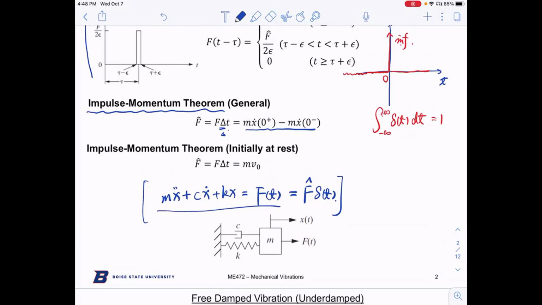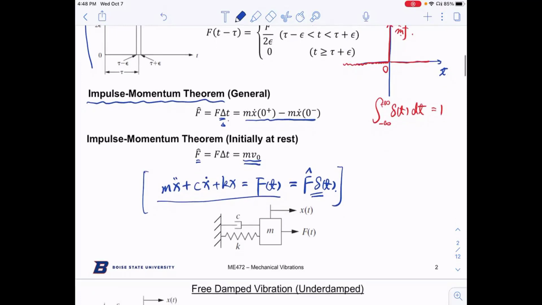But what you can do is apply the impulse momentum theorem, because you already know that your impulse, that's your F naught, is going to create the initial velocity. So eventually, this ODE is equivalent to free vibration subject to an initial velocity V naught.